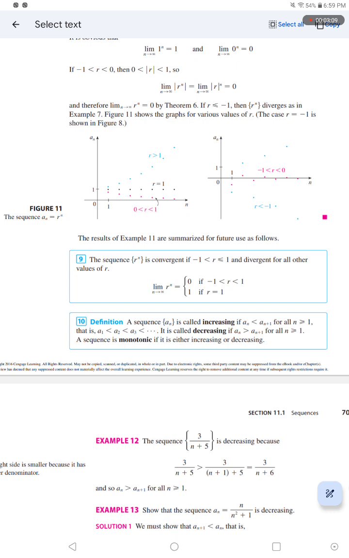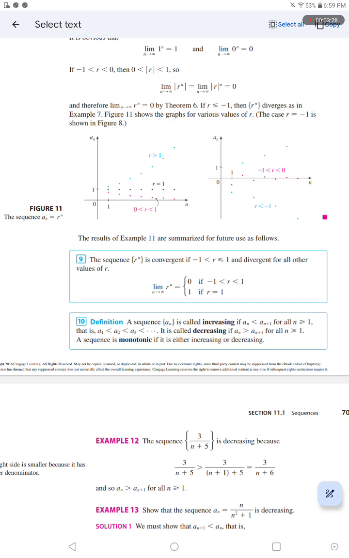The limit of r^n as n approaches infinity equals 0 if negative 1 is less than r and r is less than 1, and 1 if r equals 1.